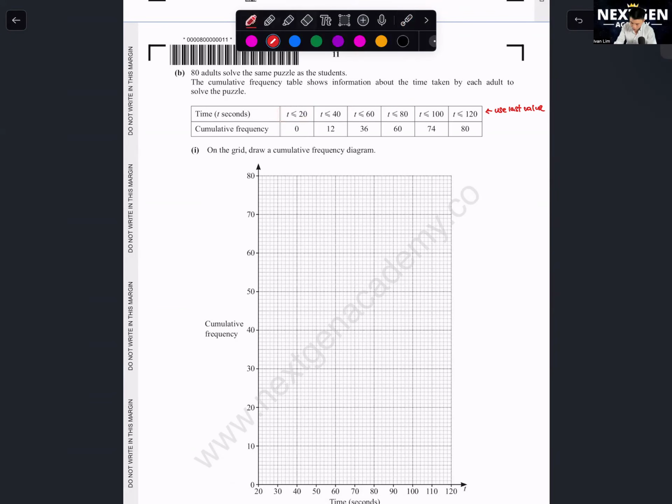So 0, 20. When you mark the point, I want you to mark as X. 40, 12. Okay, one here is 1.